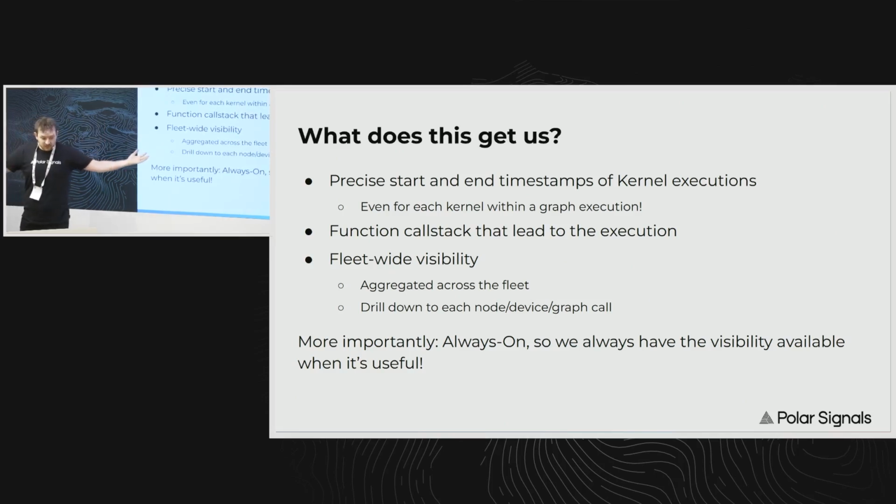We can see that fleet-wide, but also we can dig down into each individual node, each individual CUDA launch to understand and truly debug everything in detail as well. So that's what allows us to grab this kind of visibility whenever we truly need to.